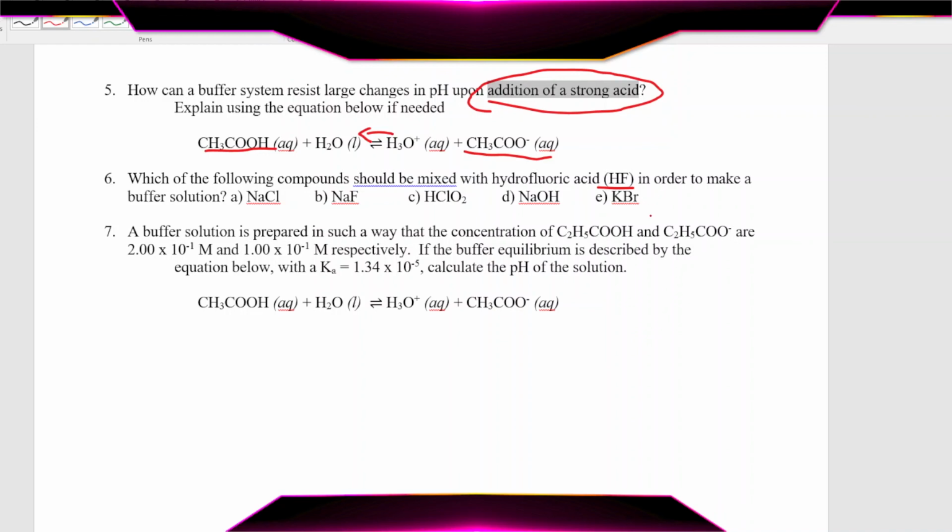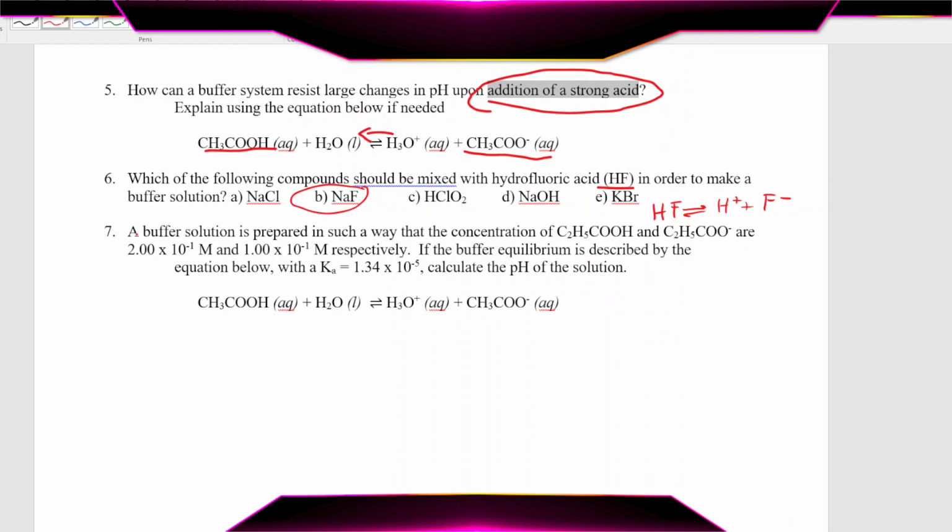If you have a weak acid, HF, to make a buffer, it will be something that has F minus in it. So what has F minus in it in here? It's B. B has F minus in it. So NaF and HF will make a good buffer solution.